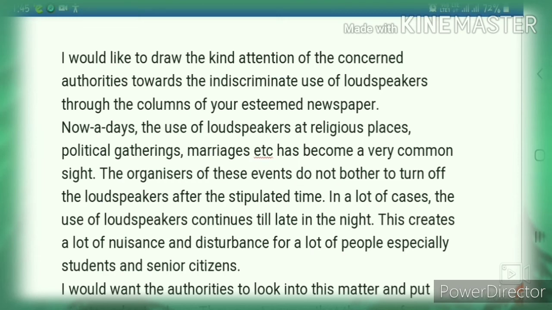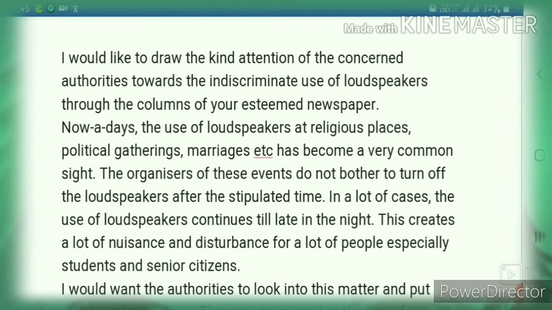Nowadays, the use of loudspeakers at religious places, political gatherings, marriages, etc., has become a very common sight. The organizers of these events do not bother to turn off the loudspeakers after the stipulated time.